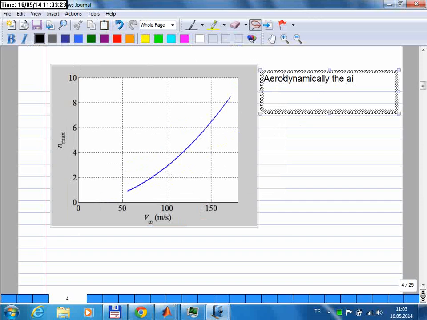So aerodynamically, the aircraft is capable of a load factor of 8.5 while flying at maximum speed.